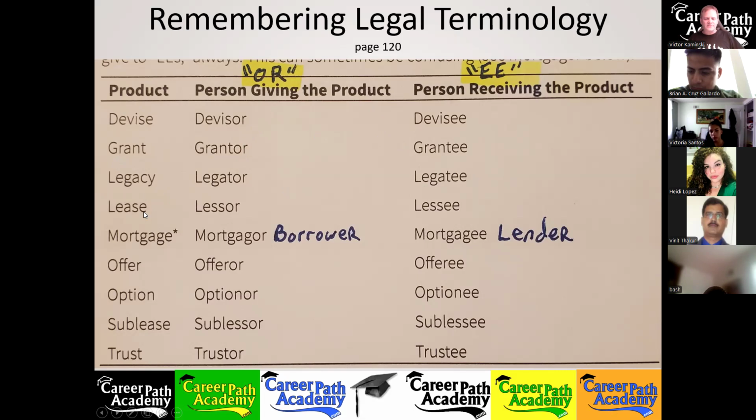A lease is a little more of a lengthy explanation, but a lease is where an owner intentionally transfers all of their rights to a tenant who is going to occupy their premises for a limited period of time as defined in the lease.